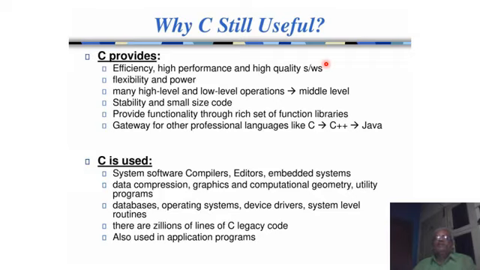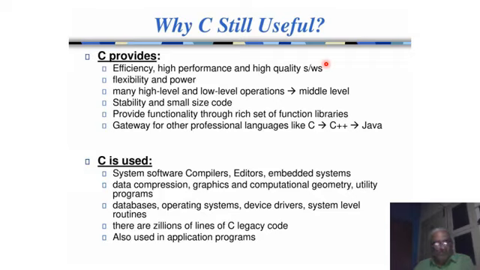Now we are going to see why C is still useful, even though we have modern programming languages like Python, C++ and Java, and many other modern languages. But still we are using C on various platforms and to develop various applications. Let us see briefly. C provides efficiency, high performance, and high quality software.